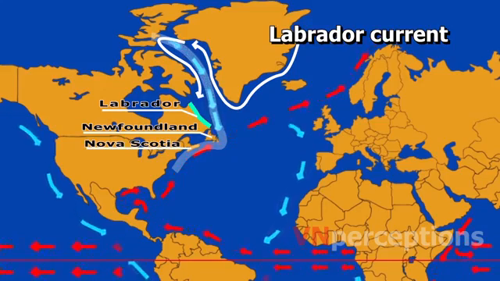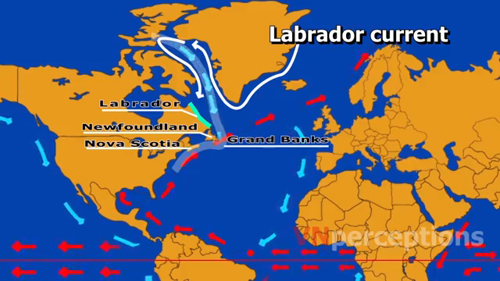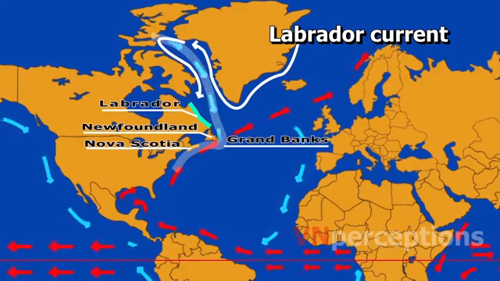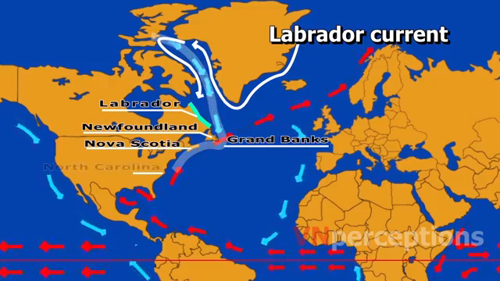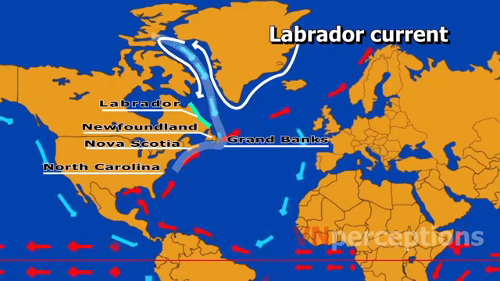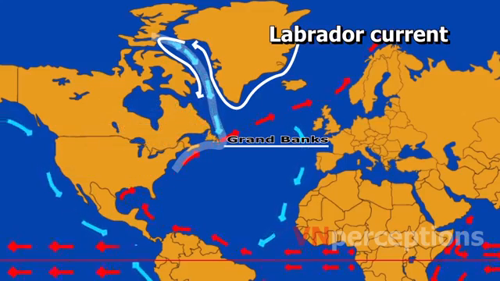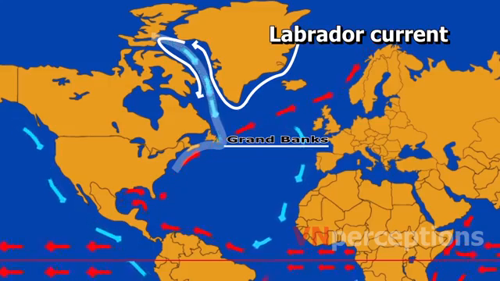It meets the warm Gulf Stream at the Grand Banks, southeast of Newfoundland, and again north of the Outer Banks of North Carolina. The combination of these two currents produces heavy fog and has also created one of the richest fishing grounds in the world.